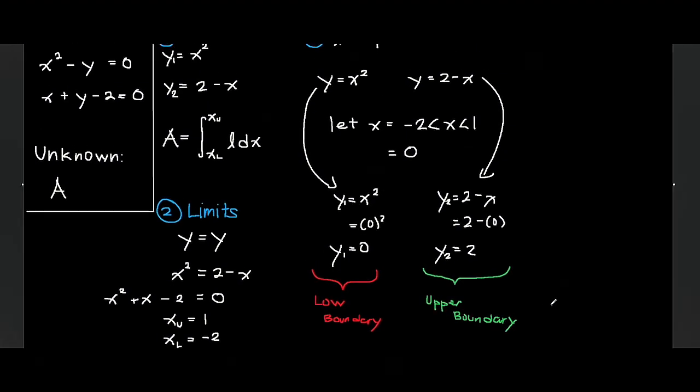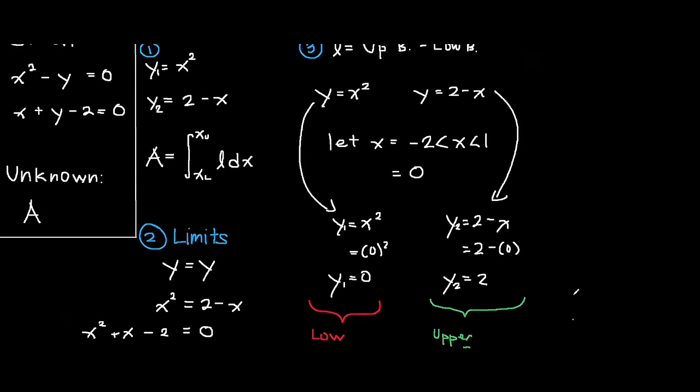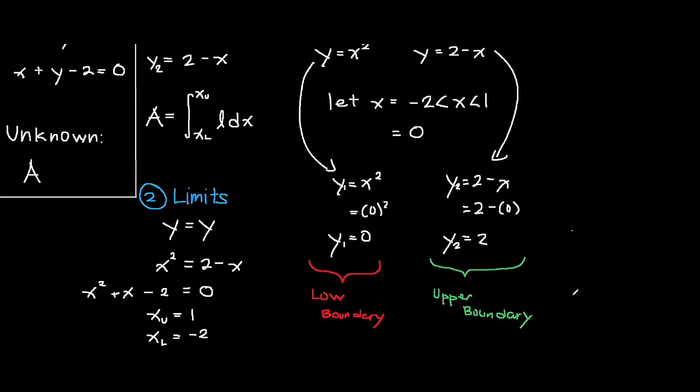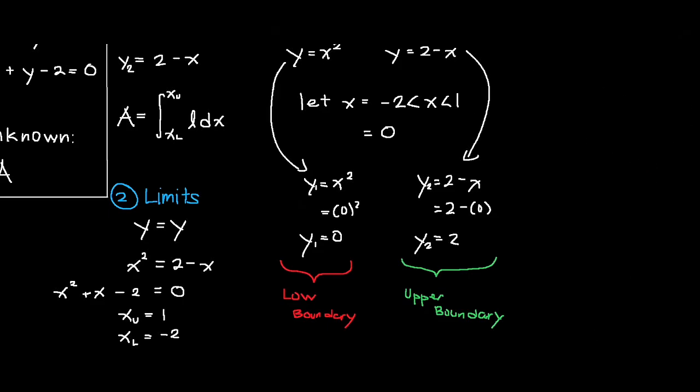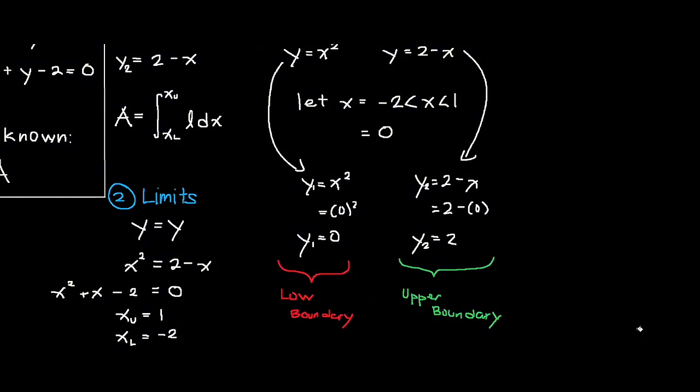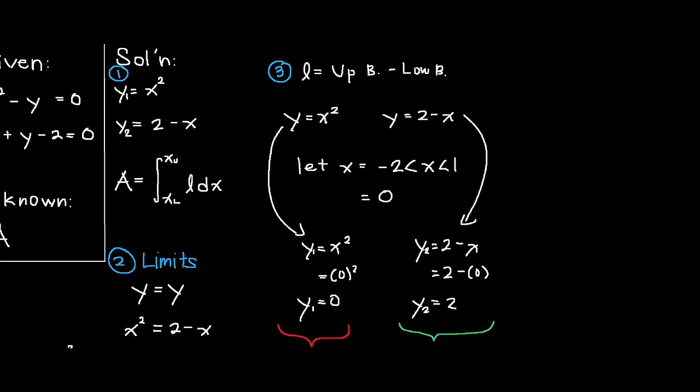Okay, perfect. So we have this information now. Yung y sub 1 natin should be our lower boundary, and y sub 2 will be our upper boundary. And let me expand my space. Okay, perfect. So let's move on.